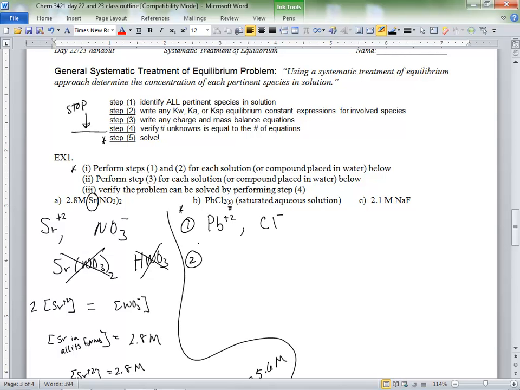KSP. So you look up the KSP, whatever it is, for lead 2 chloride. All right? Products over reactants. Go ahead and write it in.